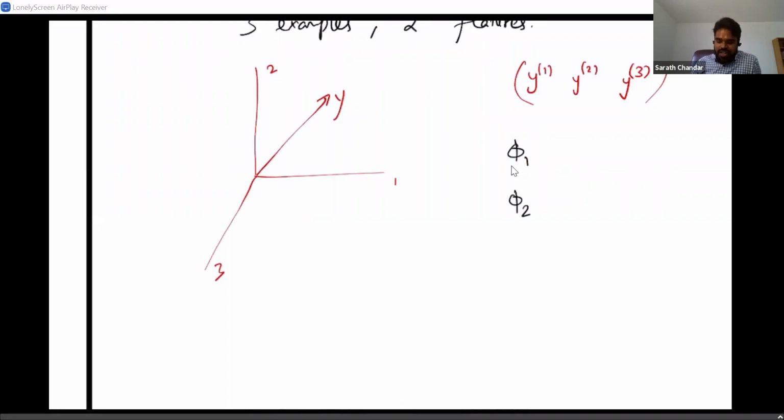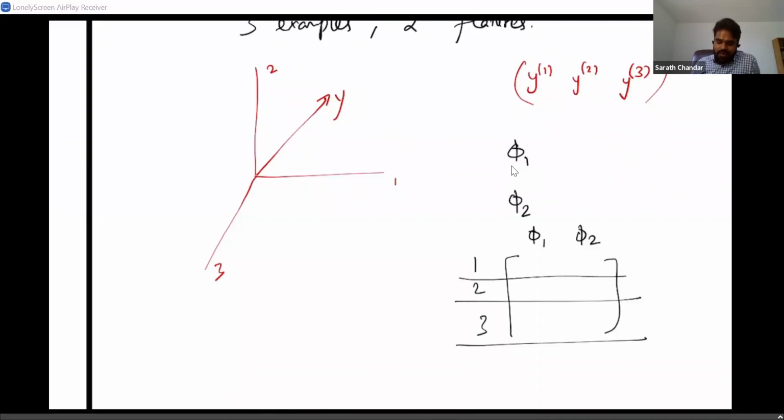The data matrix is going to have 1, 2, 3 examples, with phi1 and phi2 for each: first example, second example, third example. Now consider this column, the feature column phi1. This phi1 is also lying in the same 3-dimensional world, right? So let's say this is phi1.